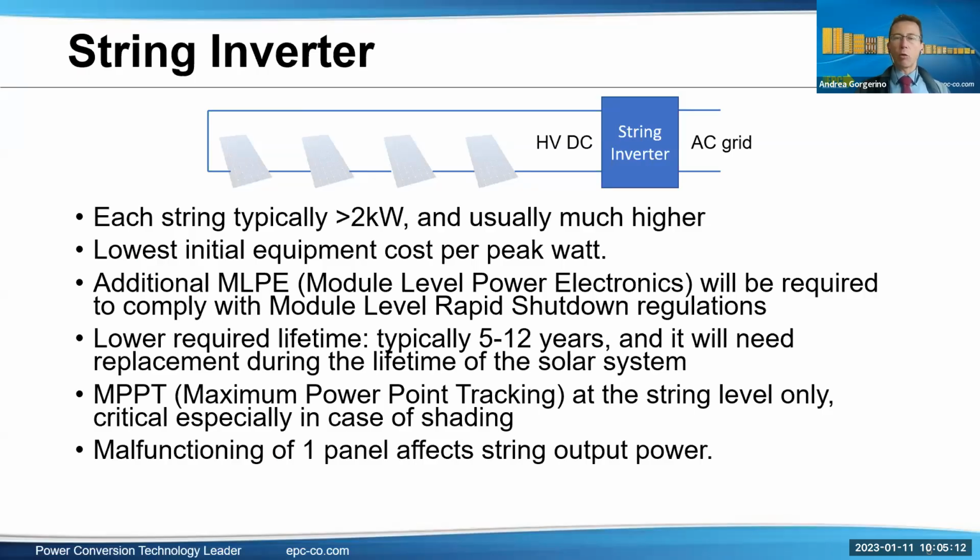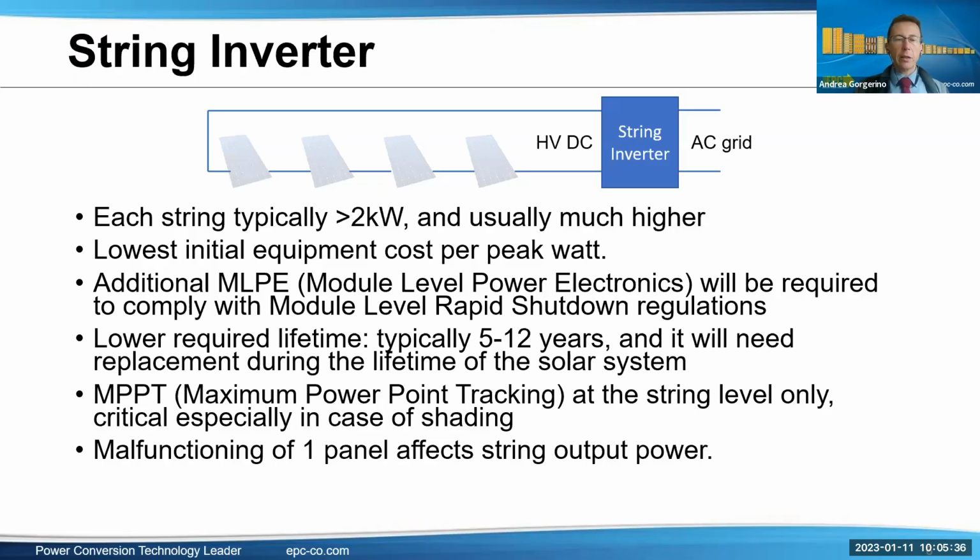These are becoming more common in the Americas, in Europe, and so you'll need additional electronics for that. Usually, the lifetime for these string inverters is a little bit lower than other systems. It's 5 to 12 years, which means it will most likely need to be replaced during the lifetime of the solar system, which is more like 25 years.